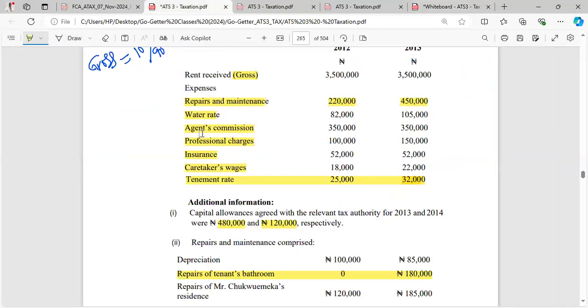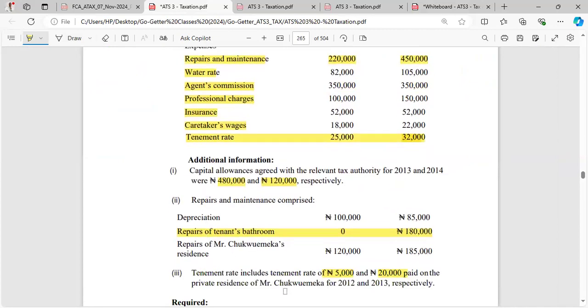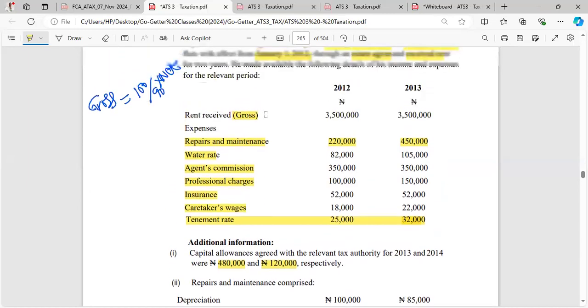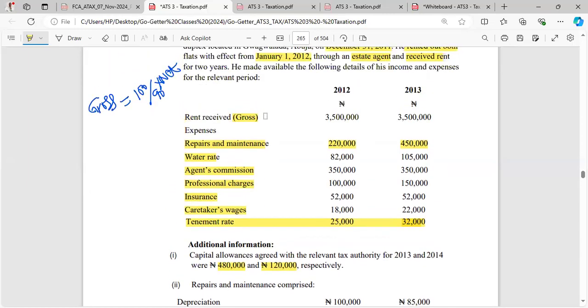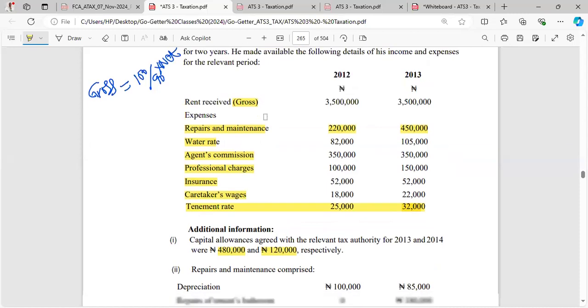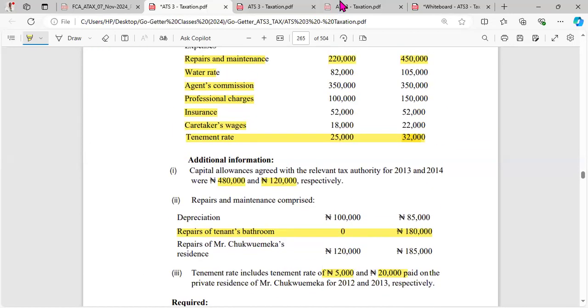So we've gone through. Before we go through like this, it is best to do additional information first. Anything we are taking in additional information, we mark it out here. That's why it's good to do additional information first, so that you tick off from the main account. After that, you go back and do the ones that you have not ticked. So that's it.